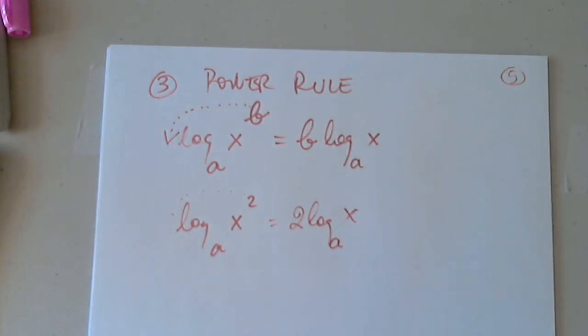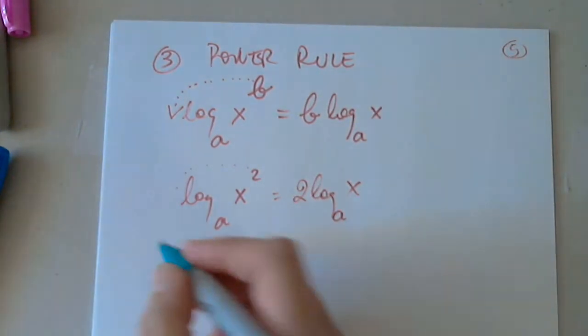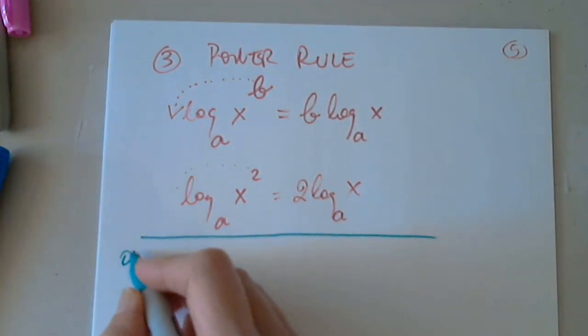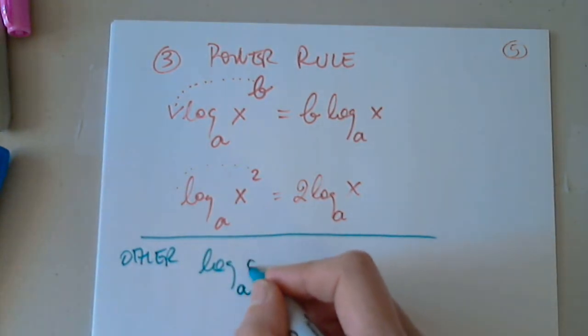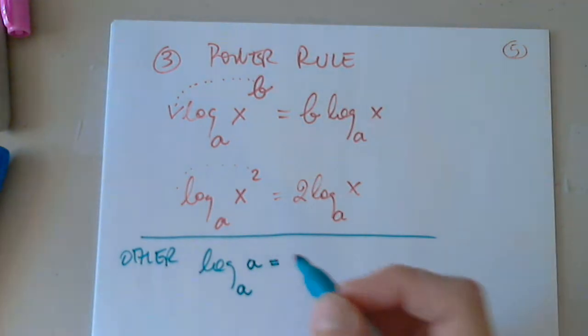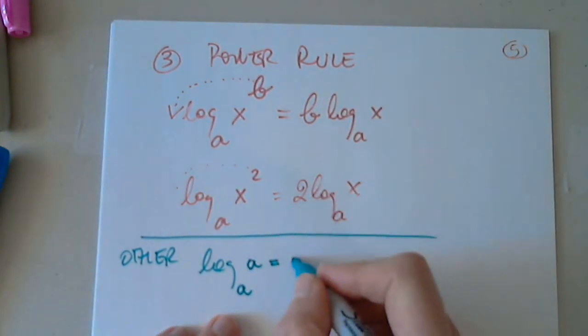And these are very important properties. There are other minor properties, not as major as these ones. For example, so other properties. Log in any base of the base. Remember, a raised to which power is a? Well, the answer is 1.